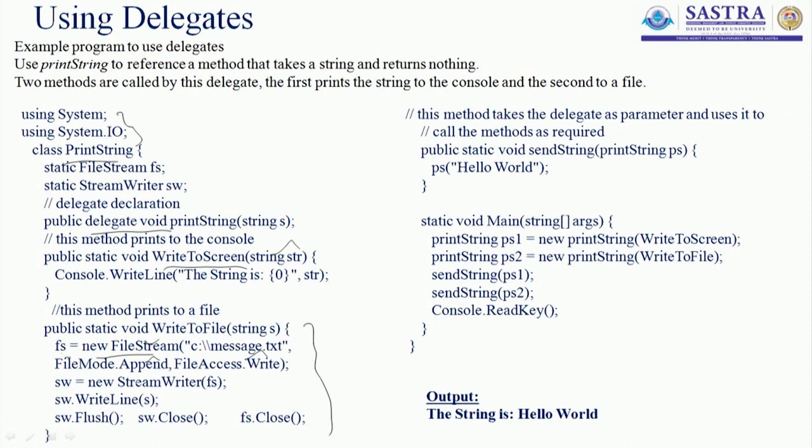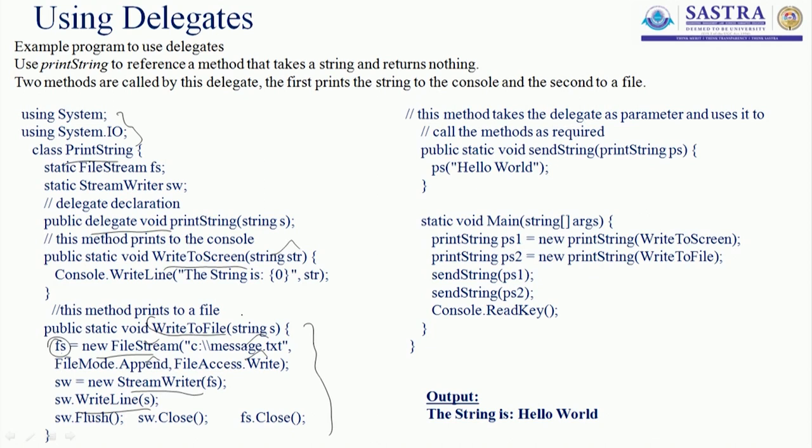And then we are creating an object for stream writer. This file stream is going to get passed as an argument to this. With the help of that, you will be in a position to call a method called writeLine, and whatever argument you are passing here is going to be written into this message.txt. That's what is happening in our method called write to file.